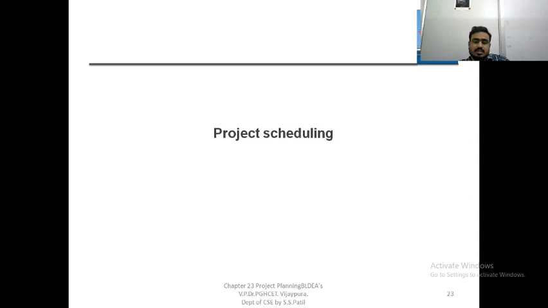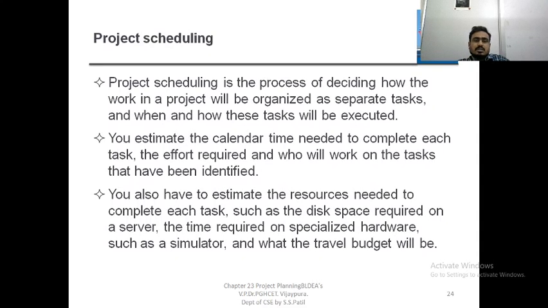Next comes project scheduling. Project scheduling is the process of deciding how the work in the project will be organized as separate tasks, and when these tasks have to be executed. A big project is divided into a number of sub parts, and these are divided further into a number of smaller things, and finally you do those things and join them.